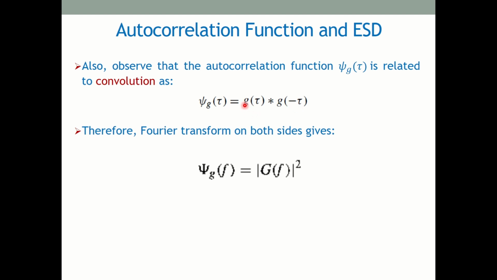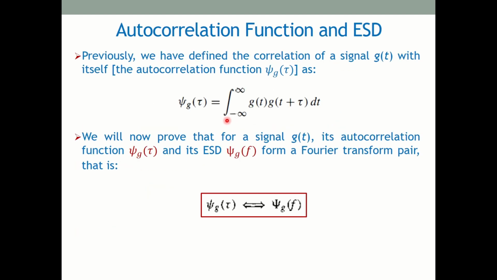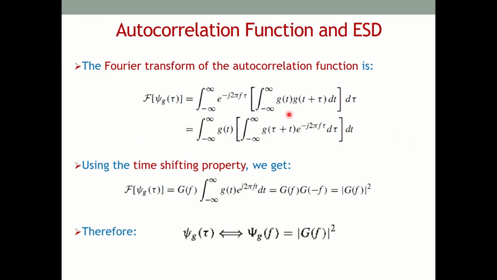So if we substitute the values in the formula for convolution, we will see that the expression becomes equal to this. Because of the minus tau, we will have g(t plus tau) here, right?